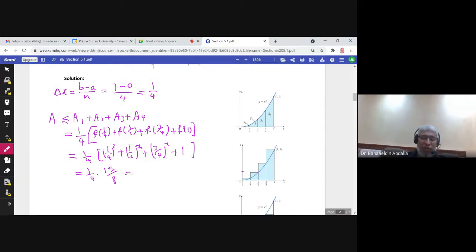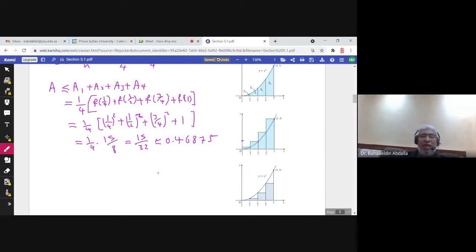And if you multiply by 0.25, the answer is 15 over 32, or exactly 0.46875. So I can say that the area of S is less than or equal to 0.46875 using 4 rectangles. This is a very nice result.